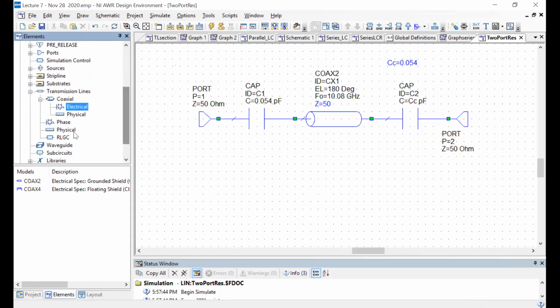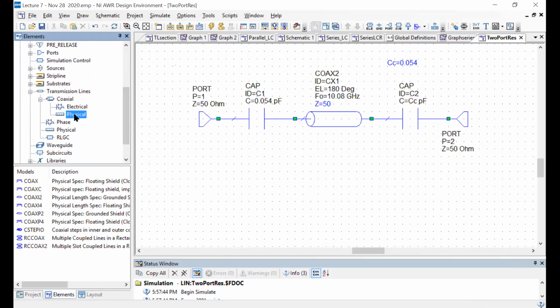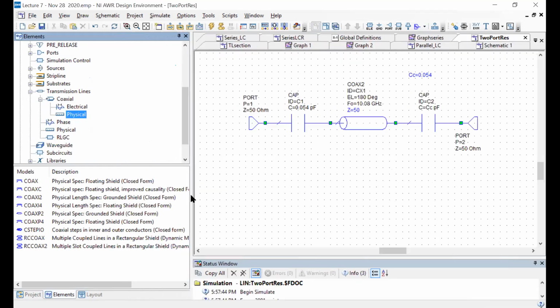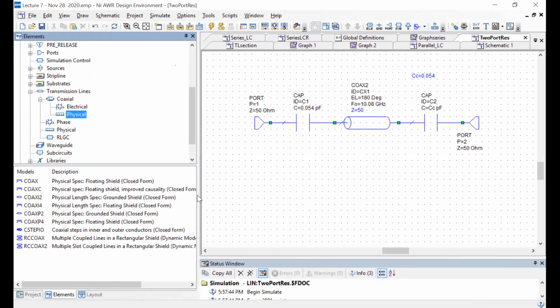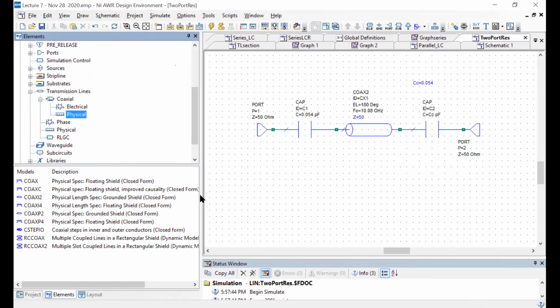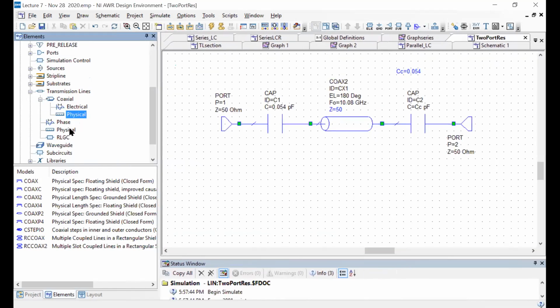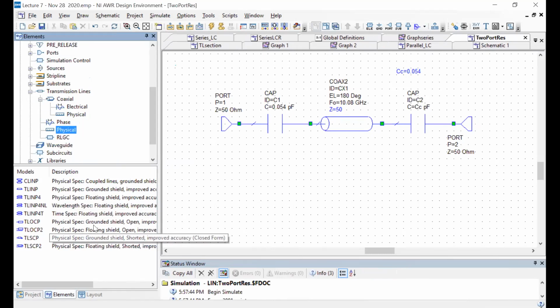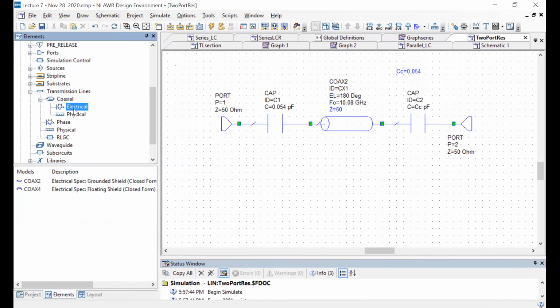There's actually another thing called physical, where you specify it more in terms of the dimensions of the line, but I'm trying to remember if this is the correct one. No, this one.